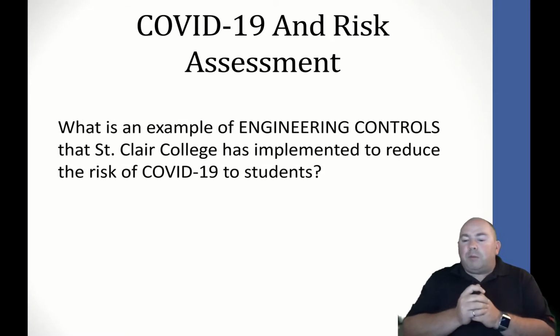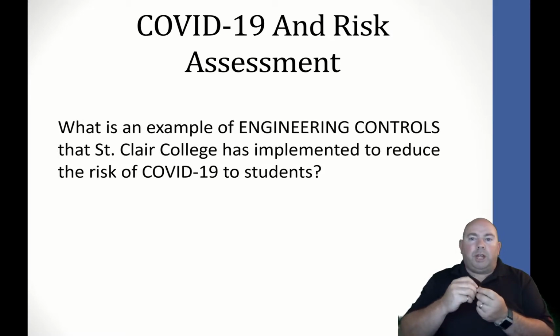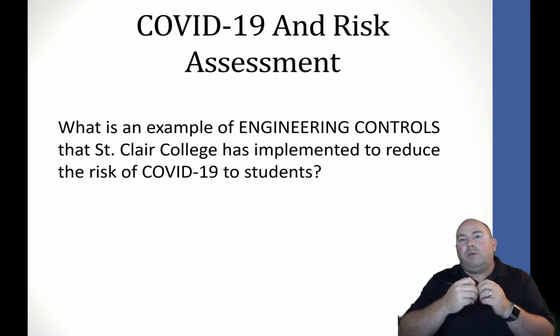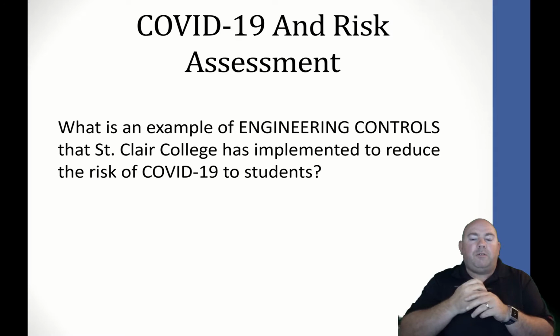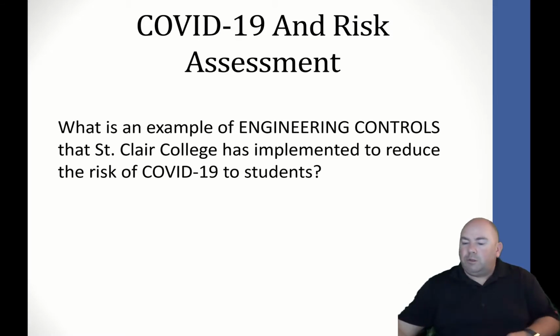Let's think of an example of engineering controls that have been put in. Think about the way this has been done on a machine, and then what is an example of anything COVID related that would be an engineering control.